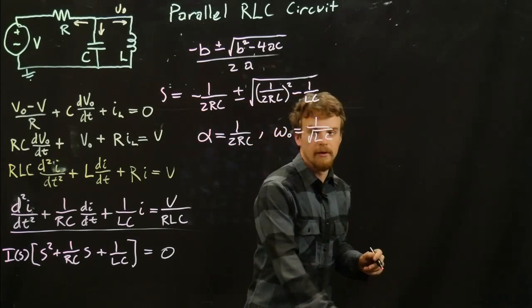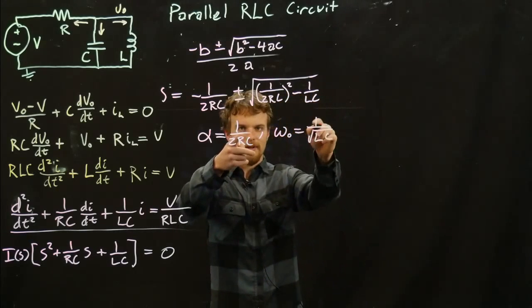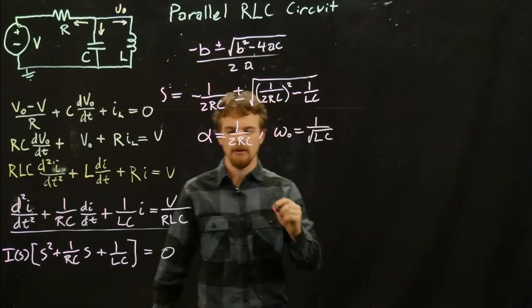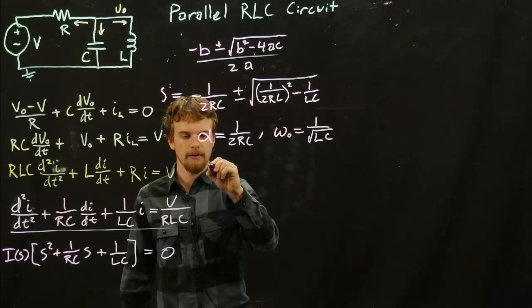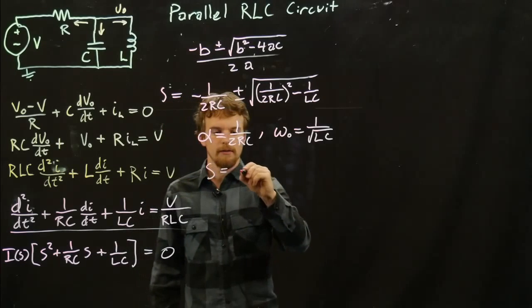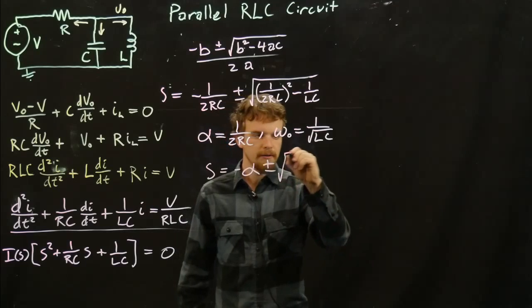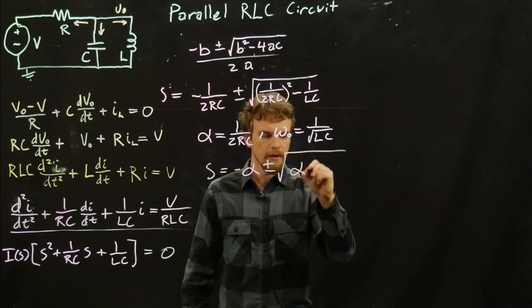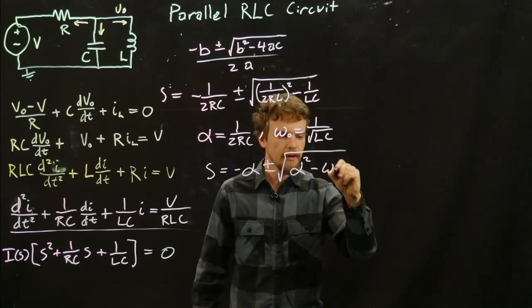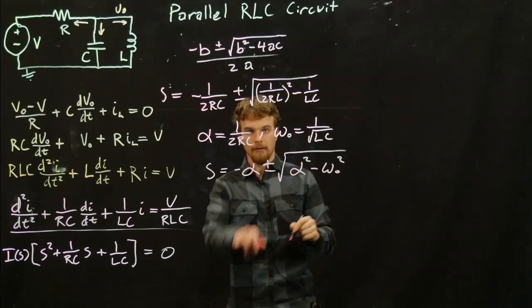Okay, so now that we've renamed these terms a little bit, we can rewrite this quadratic formula to say that S is equal to negative alpha plus or minus the root of alpha squared minus omega naught squared. Is that right?